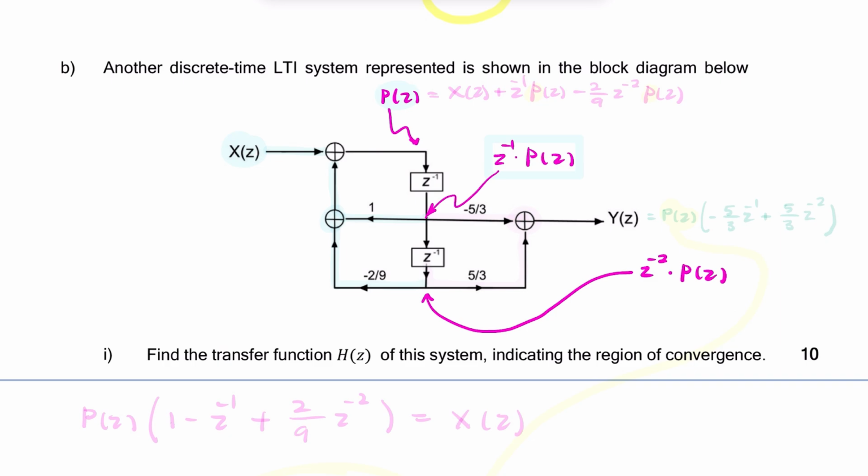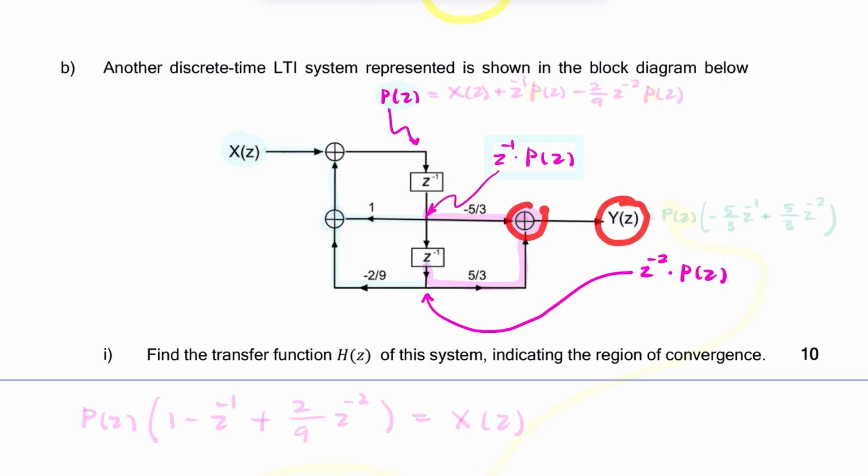And I can then say that, because that gets multiplied by minus 5 over 3, and this gets multiplied by 5 over 3, and then they're added together in this block here.